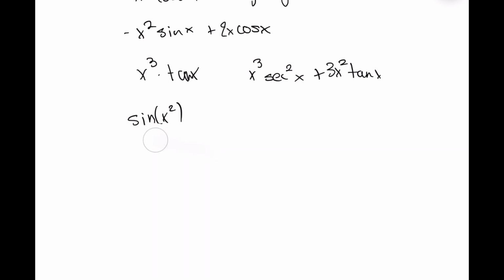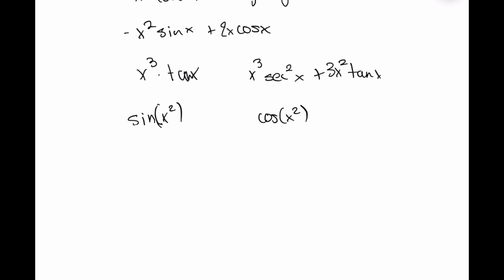So if you remember my rant in my previous videos, your first step should always be to just look at the outside function. Now don't touch the derivative or anything inside. Just differentiate the outside function. Derivative of sine is going to be cosine. And then just plug in what we have inside here, x squared.